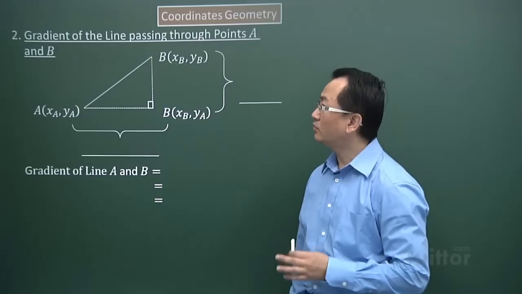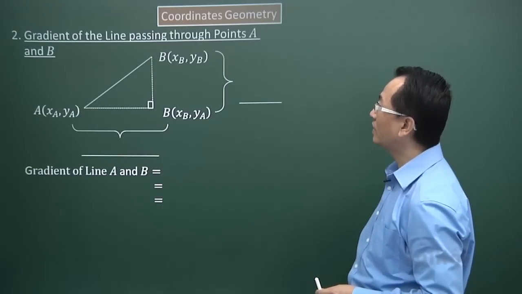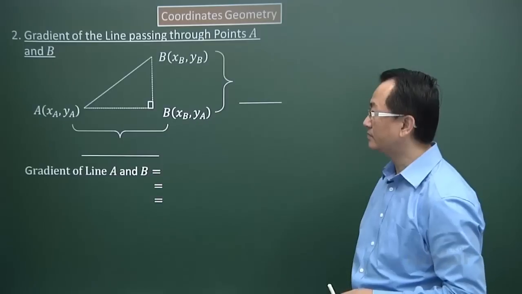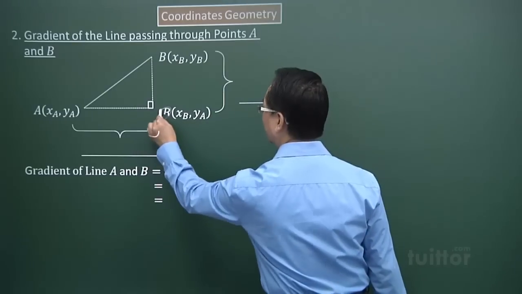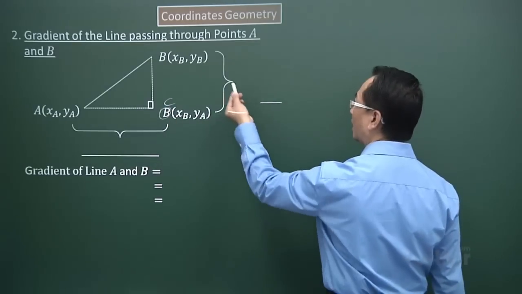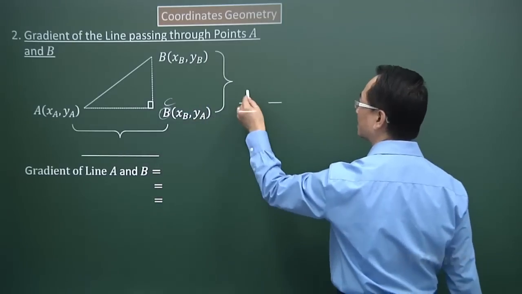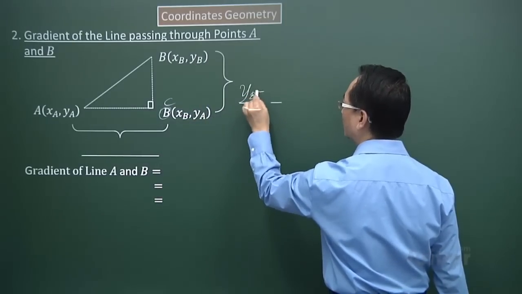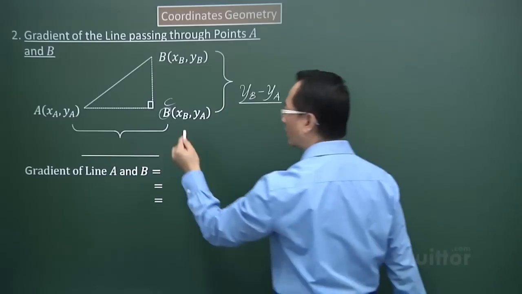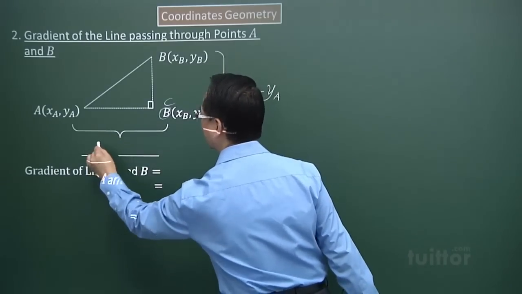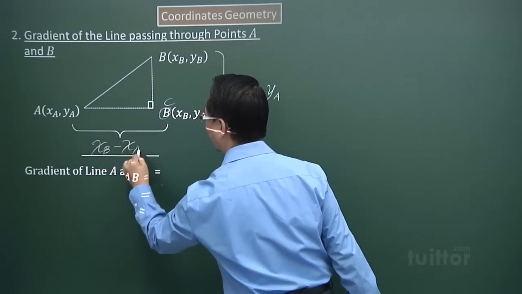Now we look at point 2, gradient of the line passing through the points A and B. So the point here is point C, and what I take is the vertical distance, yb minus ya, and the horizontal distance, xb minus xa.